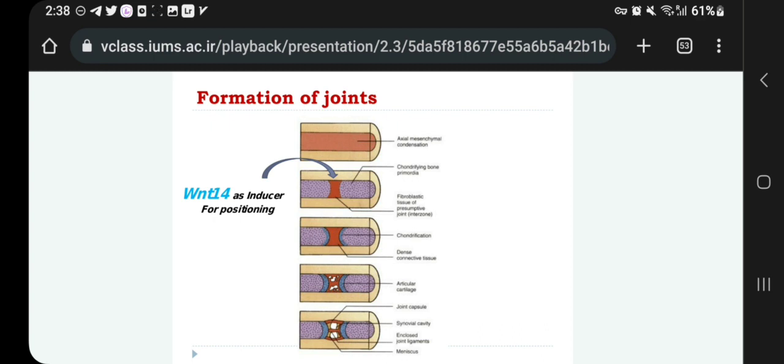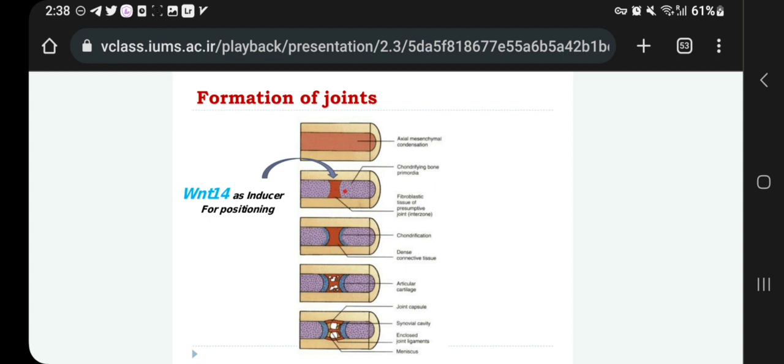For example, imagine the elbow. The elbow is between the arm and forearm. Here's the arm and here's the forearm, for example the humerus and the ulna, and they want to make a joint. The interzone converts to the cavity and makes a joint.